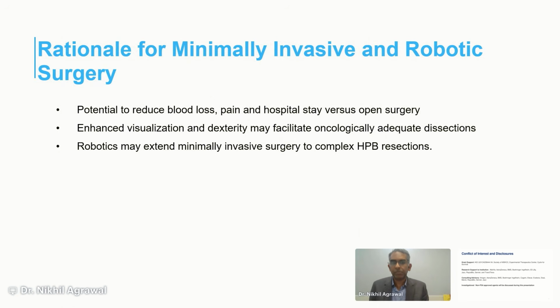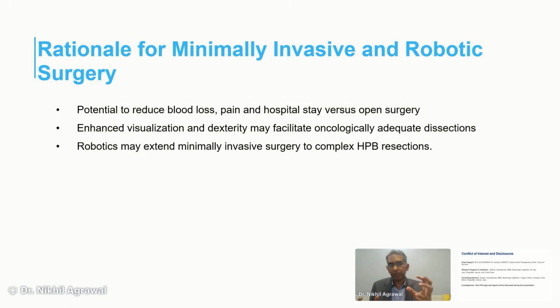But the advantage of robotic surgery, specifically for HPB, is that we get better vision. The robotic camera is a much better camera. There is 3D vision, there is a console in which you can see, and it almost looks like you're very close and get a magnified view.